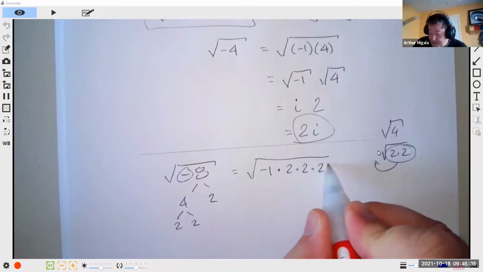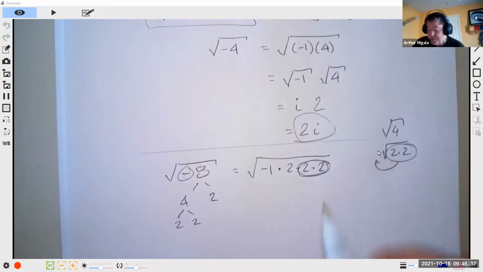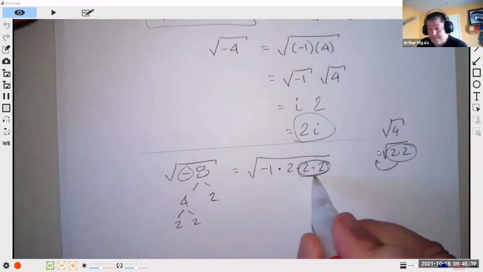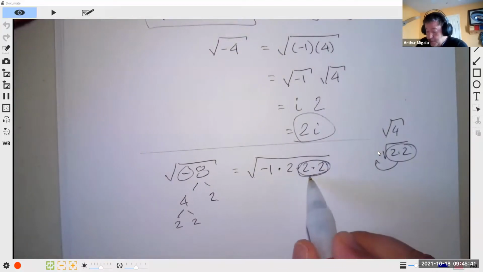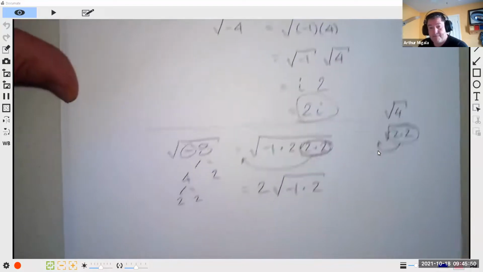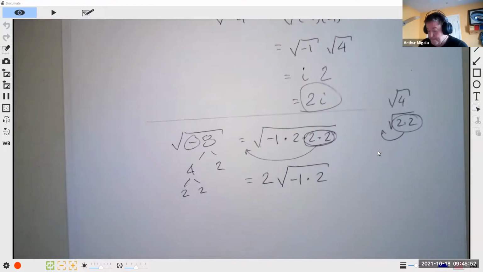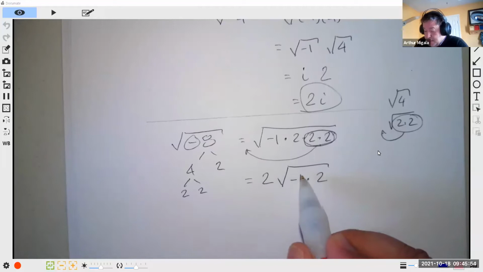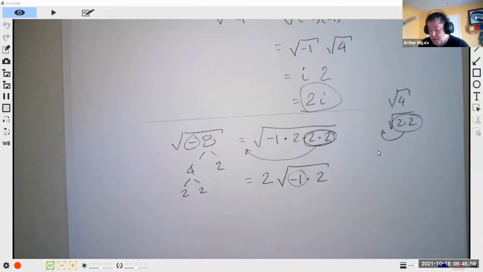Since I have a pair of 2's right here, that 2 comes out. So I have a 2 square root of -1 times 2. Now, since we have a -1 in there, what happens to that?